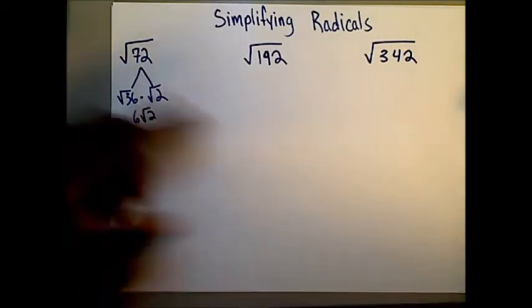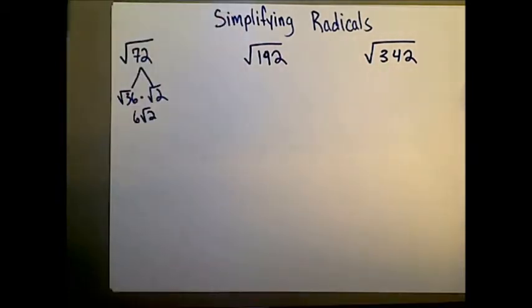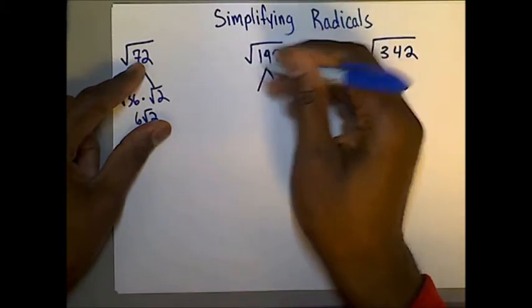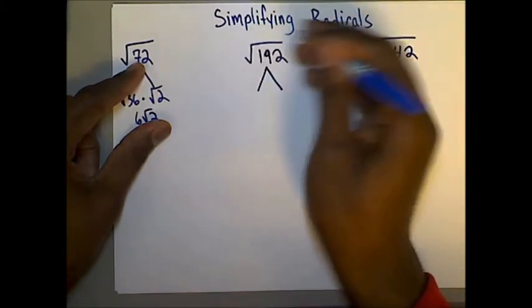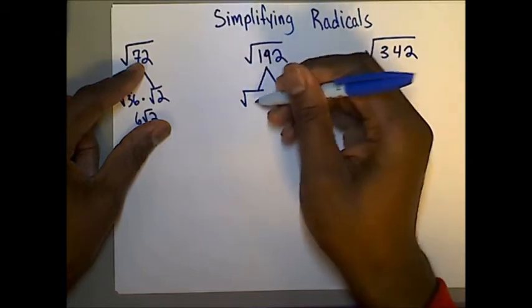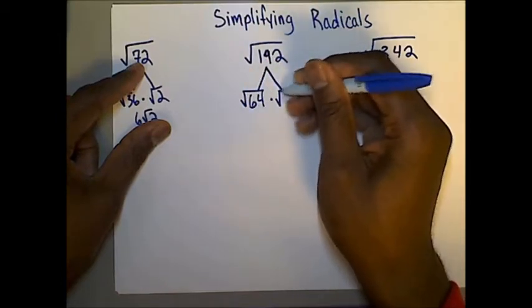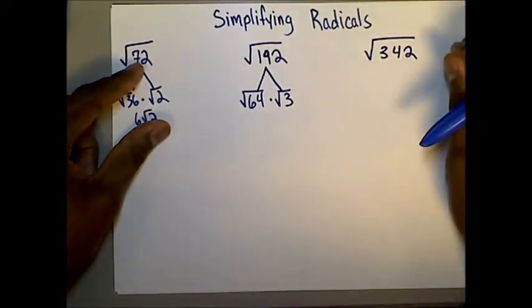Okay? So 192 divided by 64 gives me 3. So I can rewrite the square root of 192 as the square root of 64 times the square root of 3.